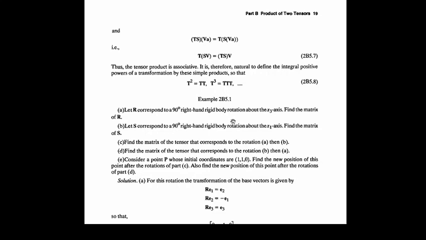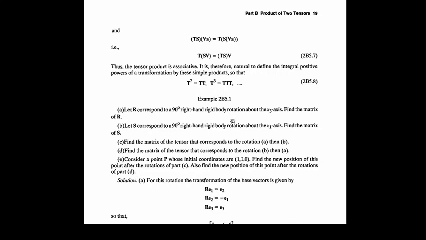Now as the angle is theta, RE1 will be equal to cosine of the angle between E1 dash and E1, which is theta. So RE1 will be equal to cosine theta E1 plus E2, and with E2 we have the coefficient cosine of the angle between E1 prime and E2. This is basically cosine of 90 minus theta.